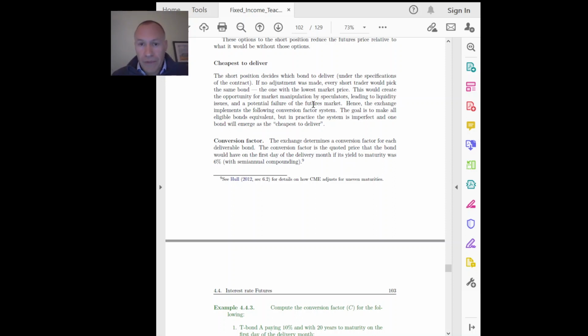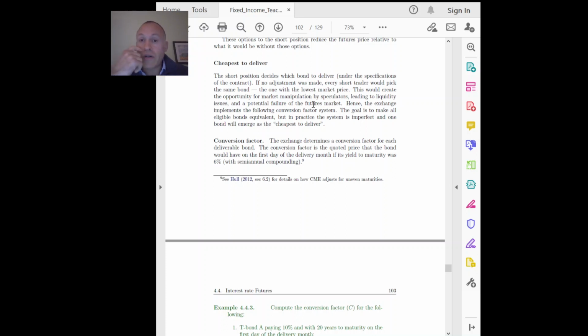If we did nothing, okay, if this was the end of the story, then there would be a problem, because every trader, every short position would pick exactly the same bond that would be the cheapest to deliver, okay, and that would concentrate a lot of demand on that specific bond, and that might create a series of problems leading to potential market manipulation, and in particular potential unraveling of the futures market.